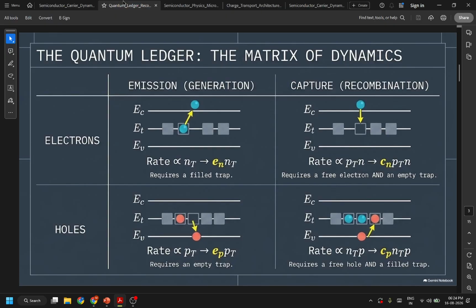So you have emission, which is generation, where the electron is released from the trap and goes either to the conduction band or valence band. And similarly, it can take in an electron from the conduction band or valence band.